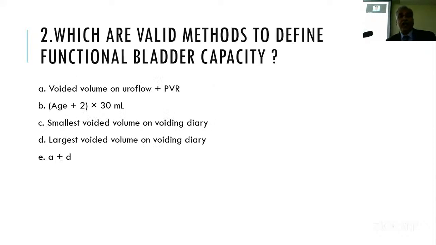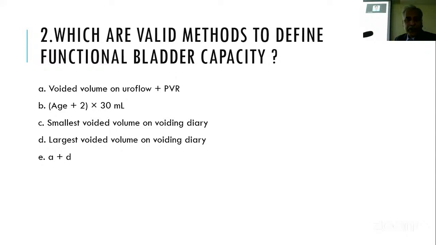Right. Second, which are valid methods to define functional bladder capacity? Voided volume on uroflow plus PVR, age plus 2 into 30, smallest voided volume on voiding diary, largest voided volume on voiding diary, A plus D. So A plus D is voided volume on uroflow plus PVR and largest voided volume on voiding diary.